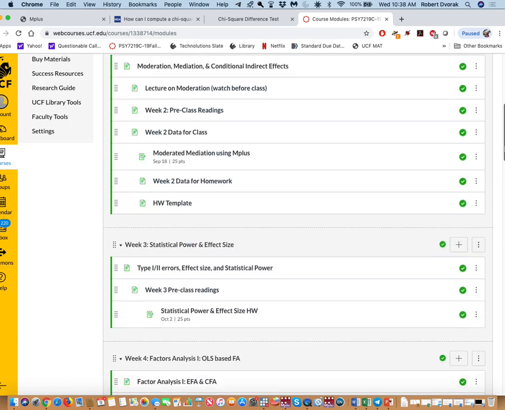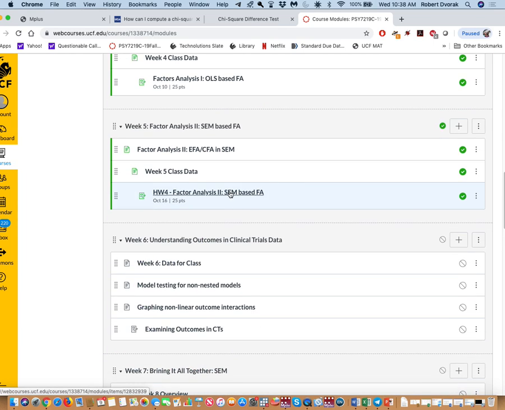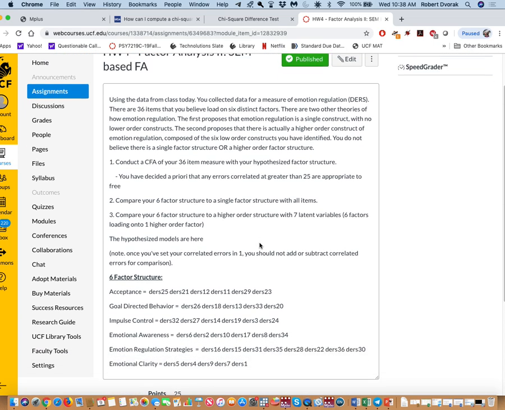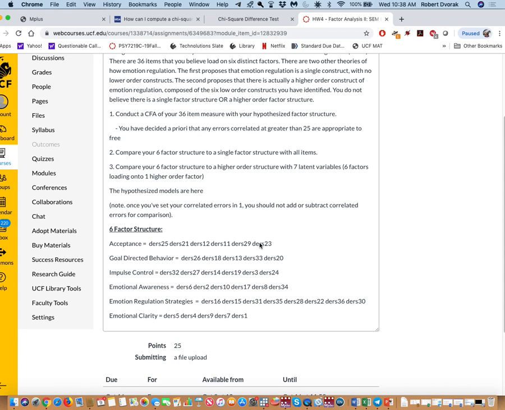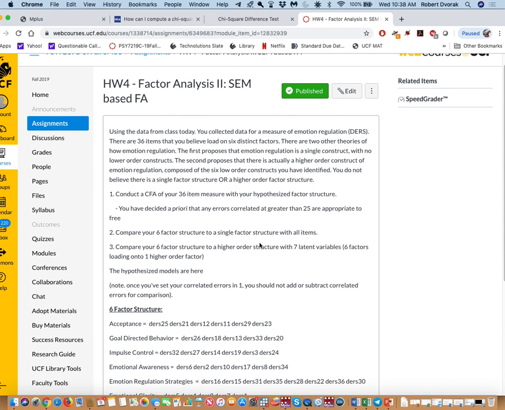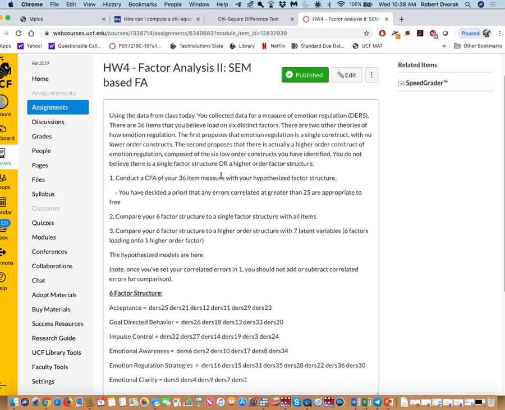For those who have not looked at the homework, you will get to see it now. Yeah, so the 36 item DERS, I gave you the actual factor structure, the items down here for each of the 6 factors. Also, I feel puzzled.